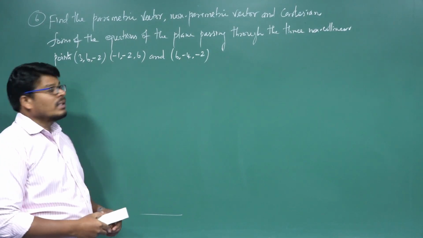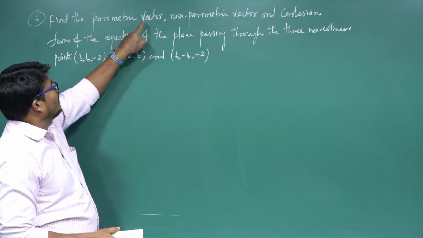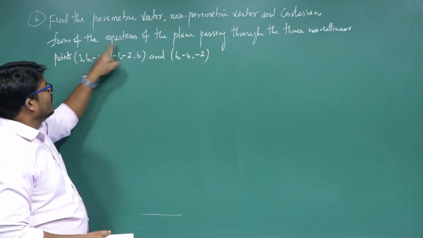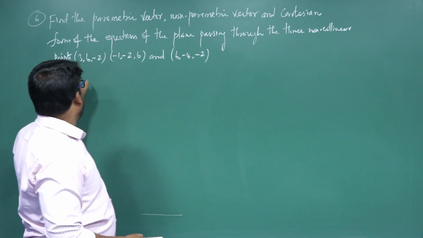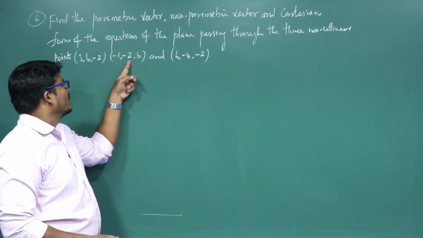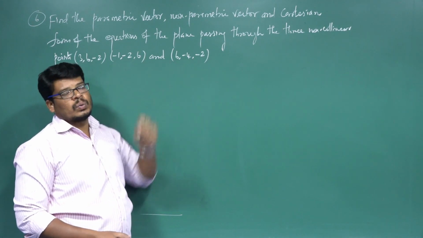The next problem, the sixth one: find the parametric vector, non-parametric vector and Cartesian form of the equation of the plane passing through three non-collinear points (3, 6, minus 2), (minus 1, minus 2, 6) and (6, minus 4, 2).